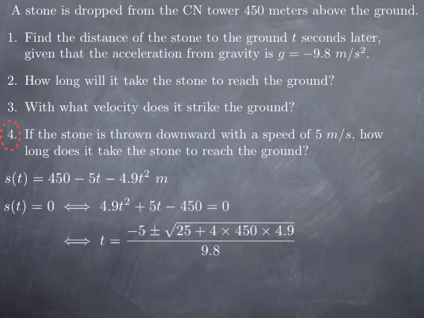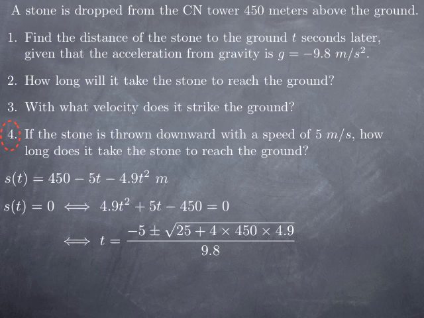So now that we have the position function, we want to know when the stone reaches the ground. It's going to reach the ground if the position, which is distance to the ground, is equal to 0. So we set this new position function equal to 0, and that gives us a quadratic equation in t.